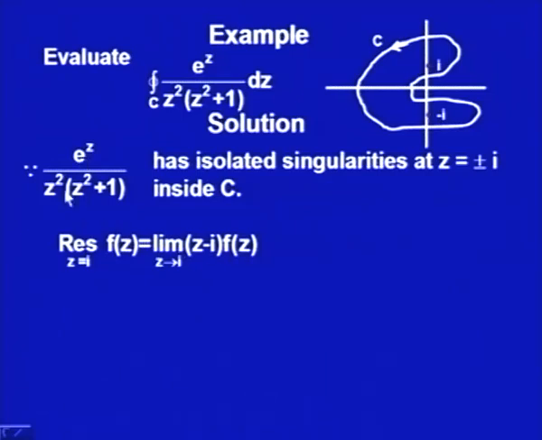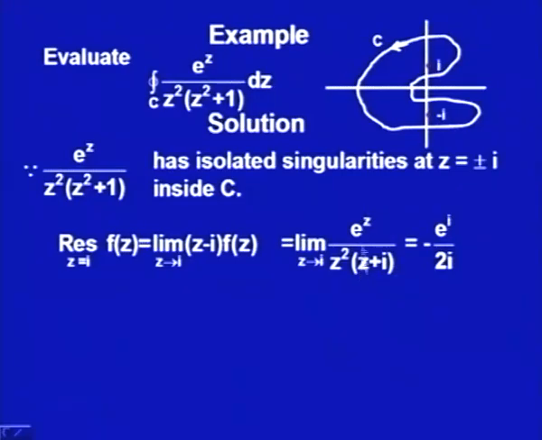We could rewrite f z as e to the power z upon z square into z minus i and z plus i. When we multiply by z minus i, what remains is e to the power z upon z square into z plus i. We have to find its limit as z approaches i.